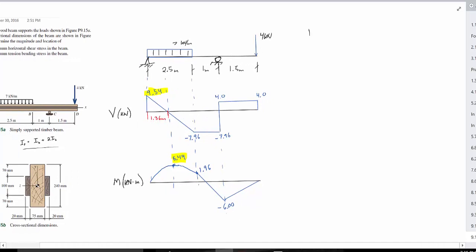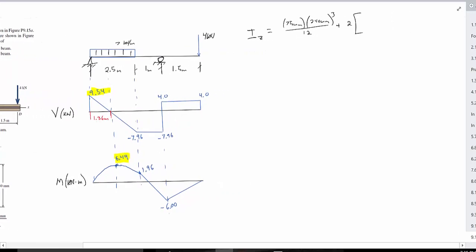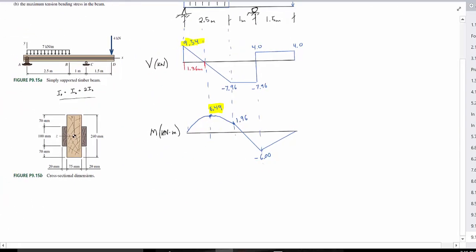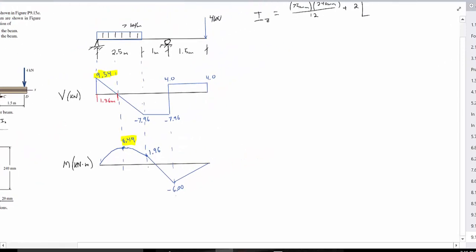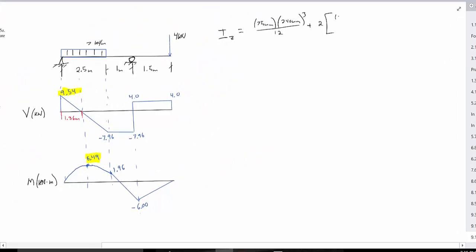From the dimensions shown, the bigger piece is 75 millimeters multiplied by the height, 240 millimeters, quantity cubed divided by 12, plus 2 times the smaller piece, where the base is 20 millimeters and the height is 100: 2 times 20 millimeters, 100 millimeters cubed divided by 12.